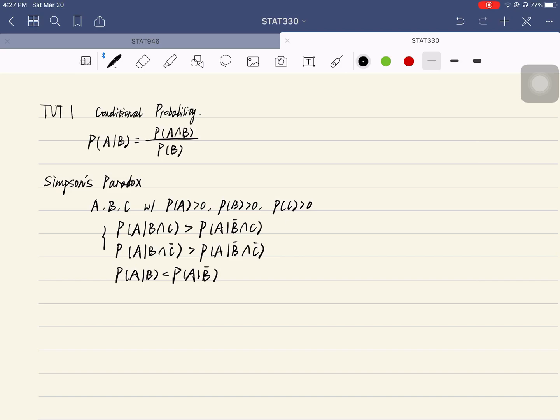It is easy to see that the probability of A given B and C, and the probability of A given B not happening while C is not happening, are just subgroups of the probability of A given B. It is a paradox that the inequality holds for the subgroups, but it does not hold for the whole group.